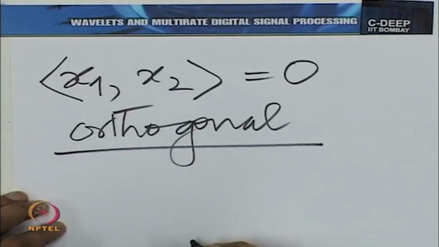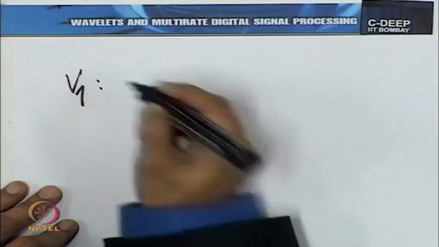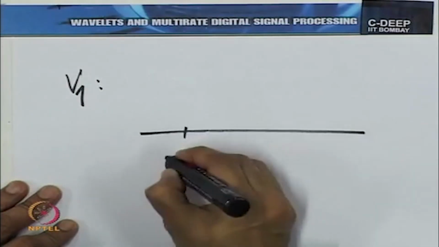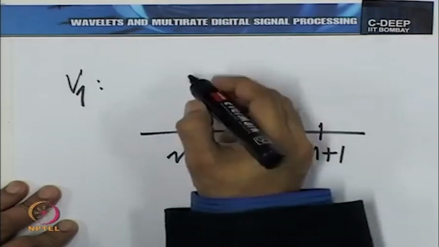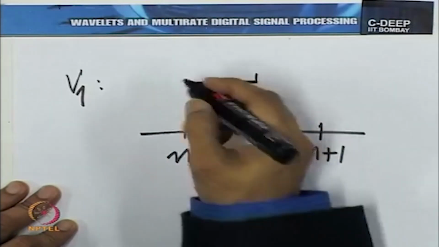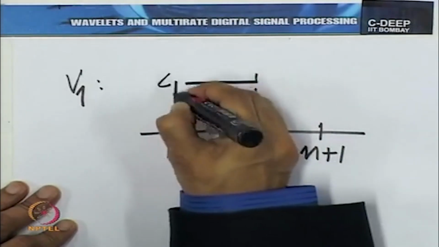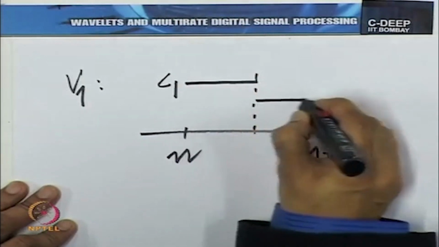What is more, take any particular function in V1 now. So, let us again focus on any one particular interval, a function in V1. Let us take the interval n to n plus 1 and let the function have the value, let us say c1 for the first half interval and c2 for the second half.